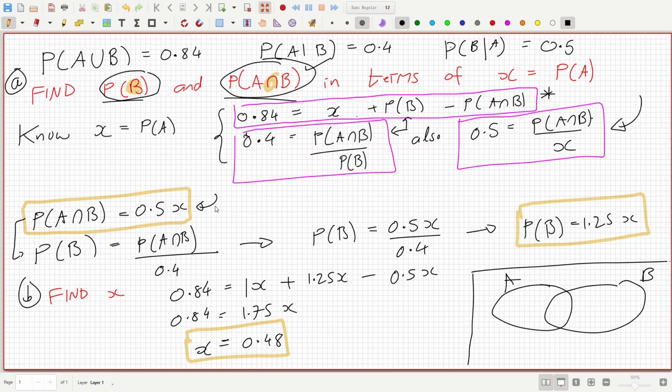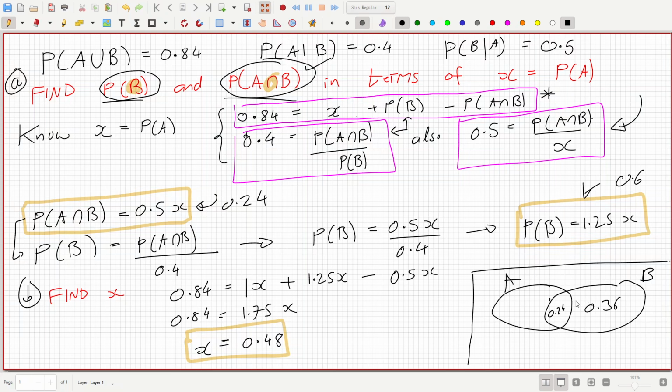So if you multiply that out, you would get 0.24. And then this one here, 1.25 times 0.48, that would work out to be 0.6. So if that is 0.6, it means that this has to be 0.36.